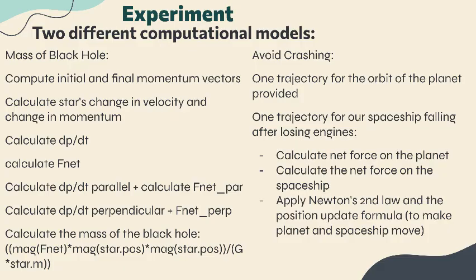So moving on, we'll get into the experiment itself. Like I mentioned before, we are doing 2 different computational models for this experiment. Over on the left is the mass of a black hole.